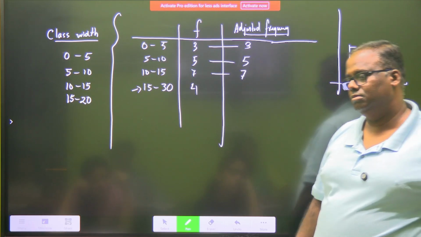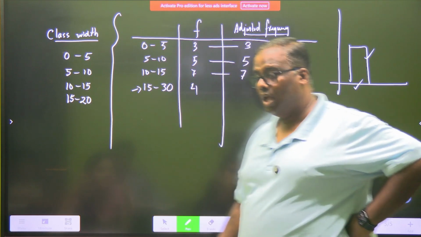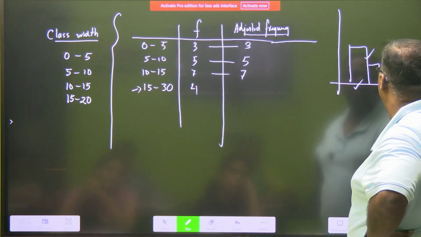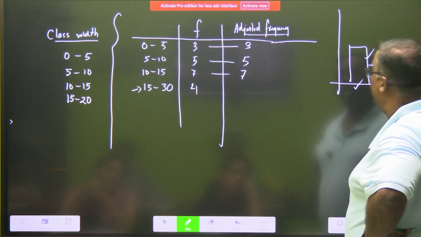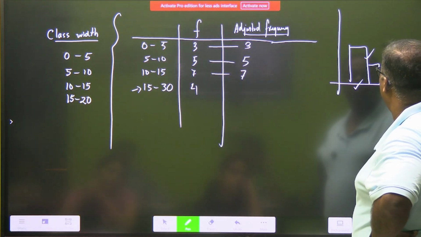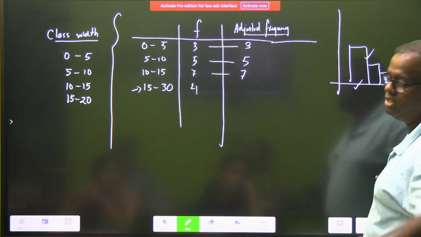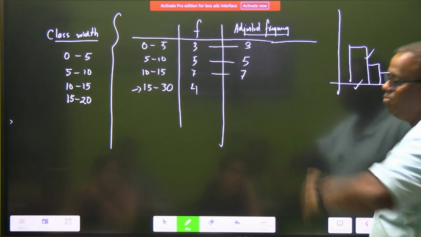But what is the need of adjusting? हाँ नहीं तो ये मोटू हो जाएगा ना. सब इक्वल बराबर में आएंगे. ये ऐसे आएगा. और ऐसे कैसे आ रहा है? You have to adjust the length because the areas are proportional to the class width. Here the class width is not proportional.